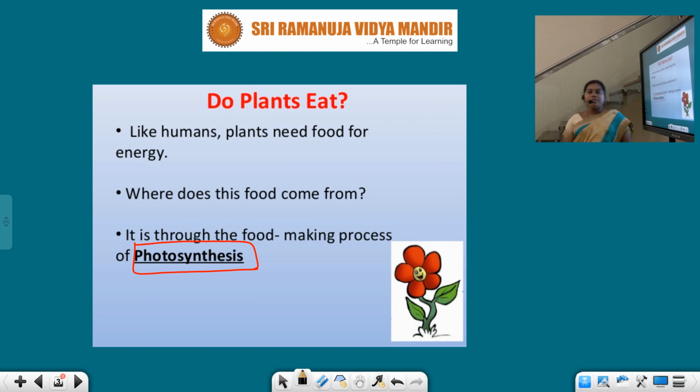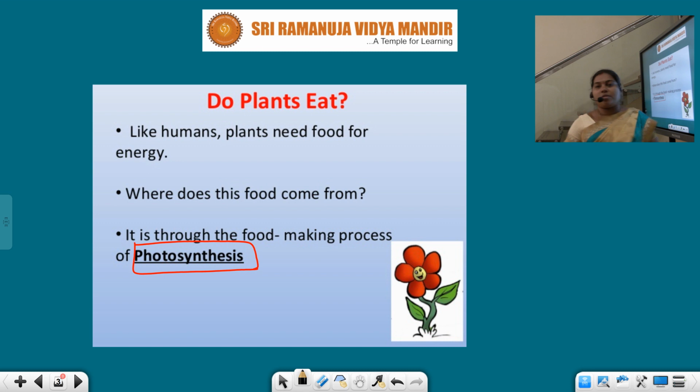Students, in the nature, every living creature requires food materials just to get the energy. By using that energy, organisms are able to survive, grow or develop themselves.